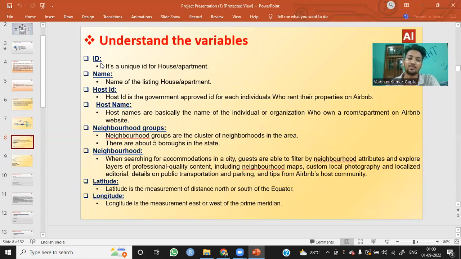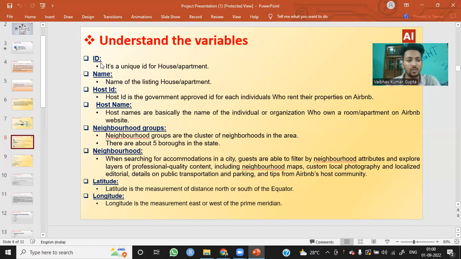And host name is the corresponding name for the host ID, which is the name of the individual who has rented their apartment on the Airbnb website. We have neighborhood groups, which are clusters of neighborhoods in the areas. These are about 5 boroughs. Neighborhood is a subset of neighborhood groups.